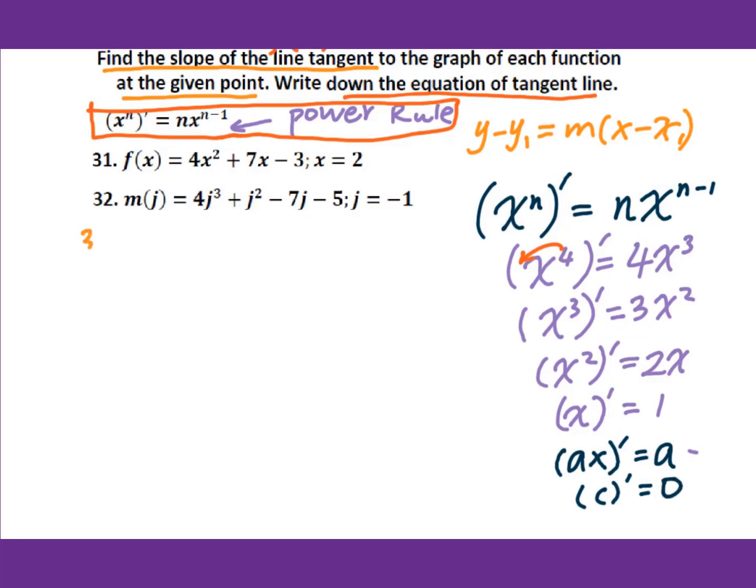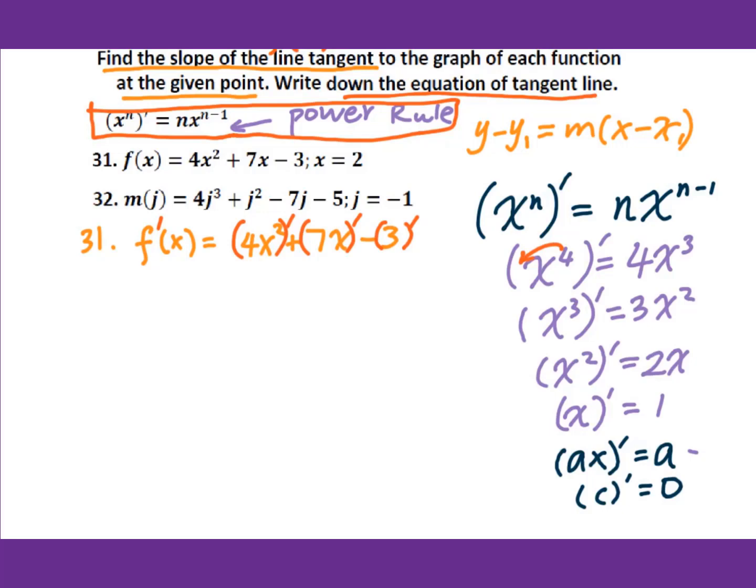Now we go to 31. f of x equals 4x squared plus 7x minus 3. Since we're looking for the slope of the tangent line, we need to get the derivative of f of x. Then we take the derivative of each term. Figure out the variable first.